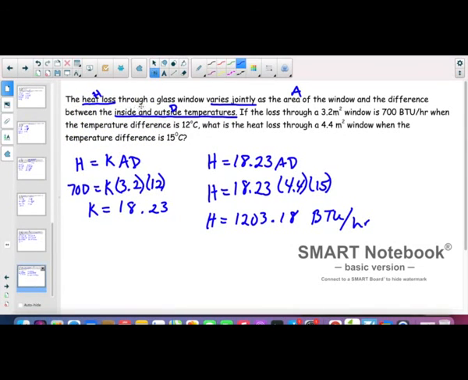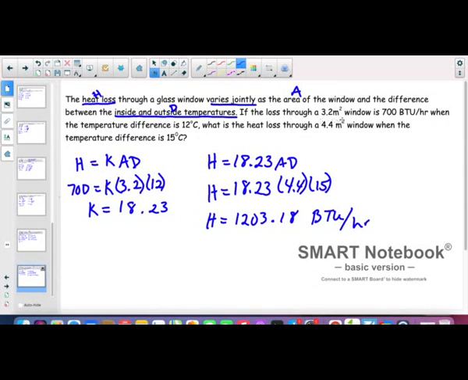The heat loss through a glass window varies jointly as the area of the window and the difference between the inside and outside temperatures. So for my function, I have H equals KAD. It's a joint variation.